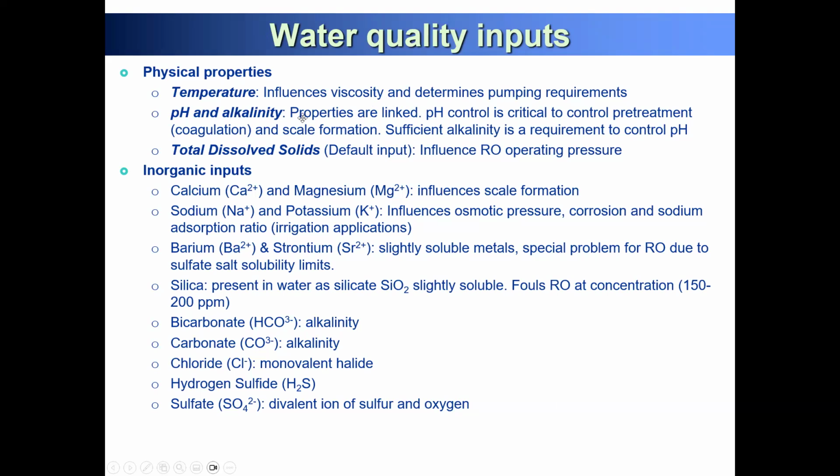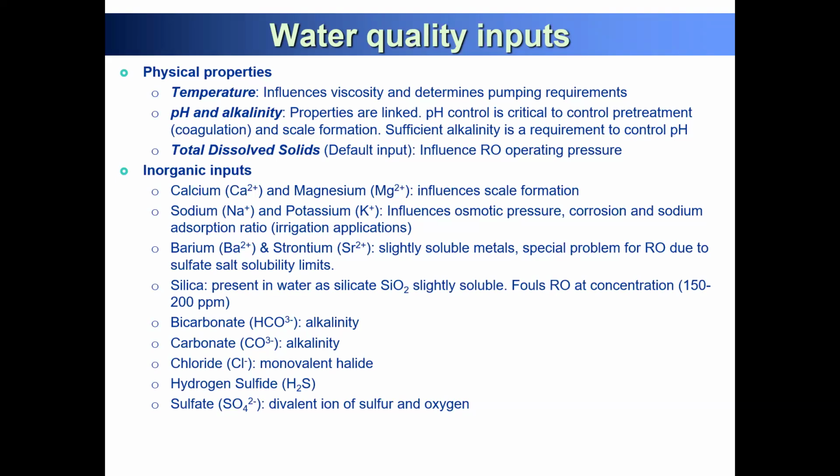The pH and alkalinity properties are linked. pH control is critical to control pretreatment coagulation and scale formation. So when you have a high pH, you need to change the pH. So this pH will also give sufficient information on your scaling formation.